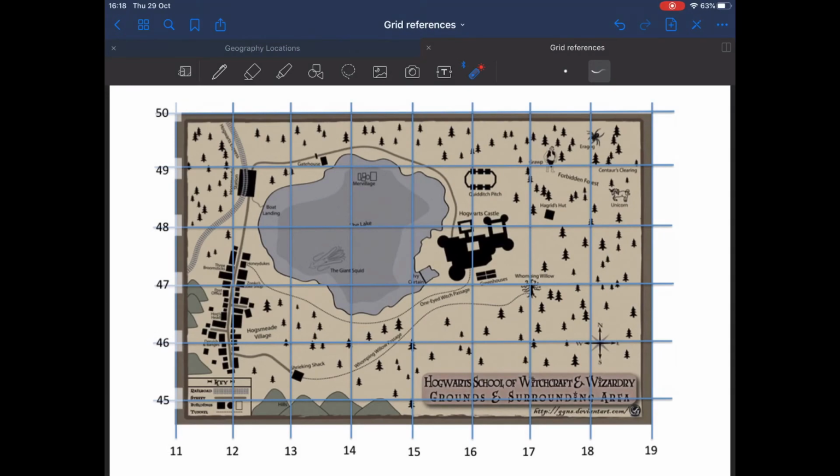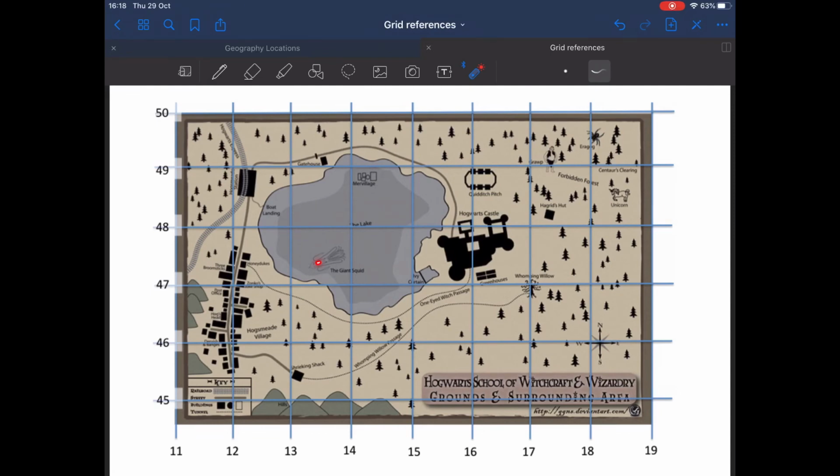So, back to our Harry Potter map, and if we wanted to do a 6-figure grid reference, again for this giant squid, we can see our giant squid, the middle of him is located roughly there. So that is, we can see, about 6/10 of the way across this grid square. So the first 3 numbers would be 1, 3, 6.